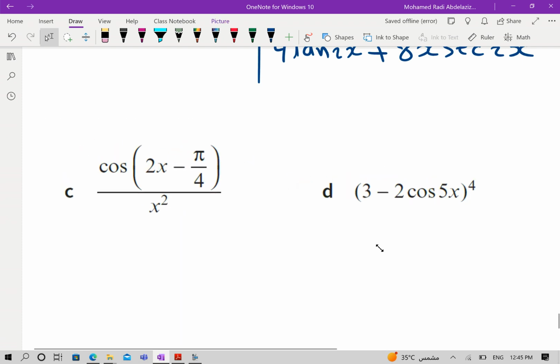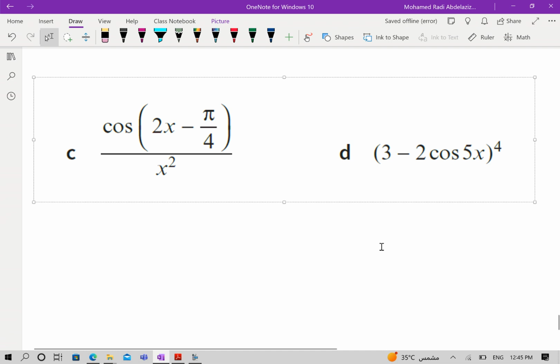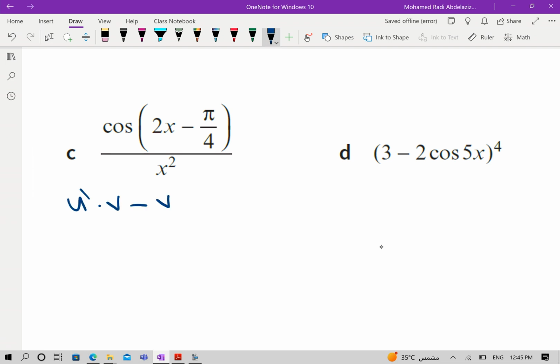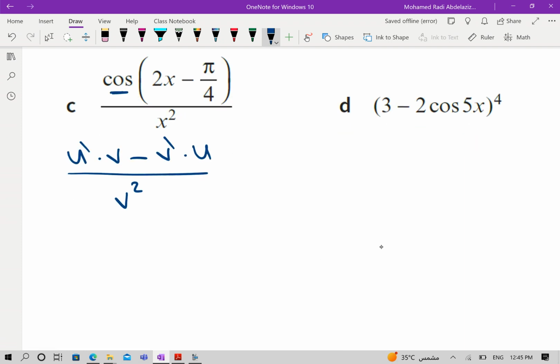Part C, use u over v: u dash times v minus v dash times u, divided by v squared. Differentiation of cosine is negative sine of 2x minus pi over 4. Multiply by what? By 2, just the coefficient of x. Pi over 2 is a constant, its derivative is 0.